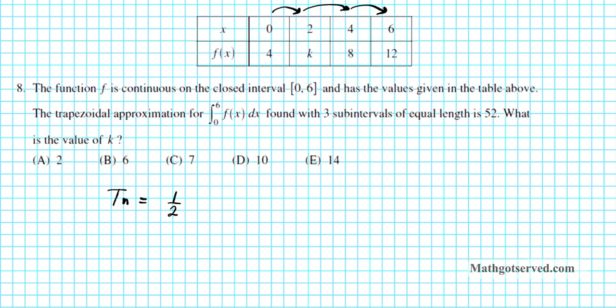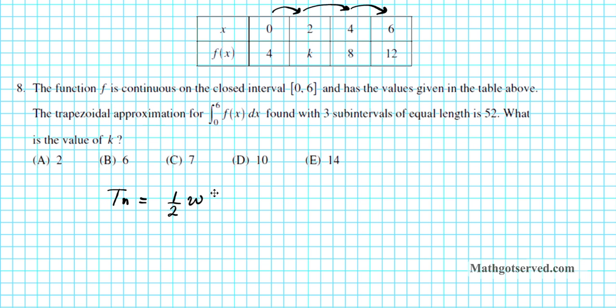All right, so let's complete our formula. So we're gonna have 1/2 the width of every trapezoid, w, and then times, we're going to sum up the bases of your trapezoids.